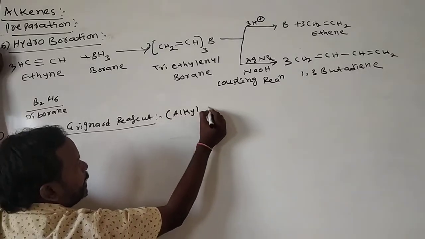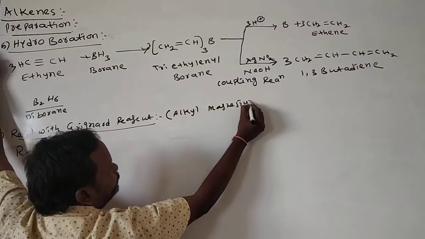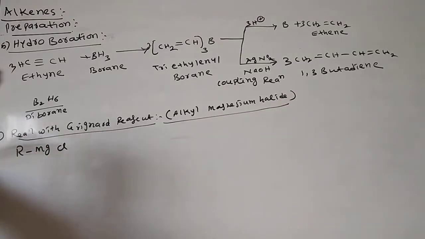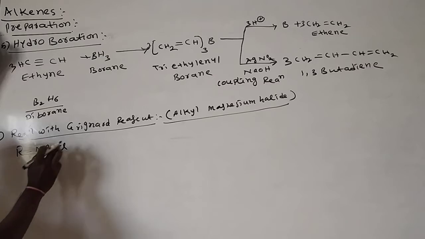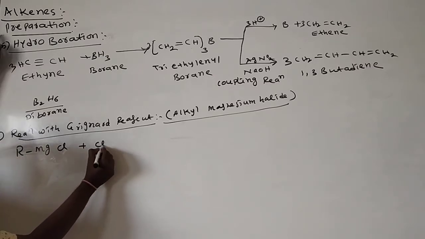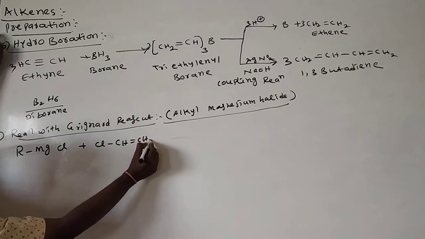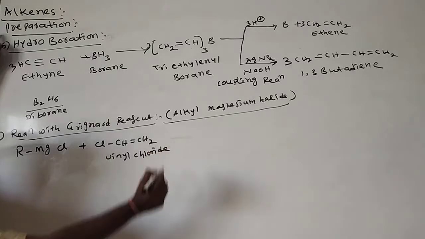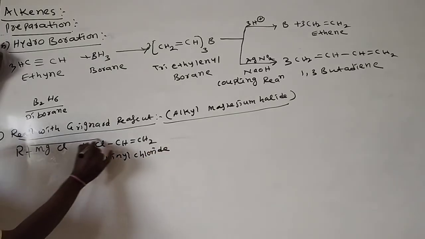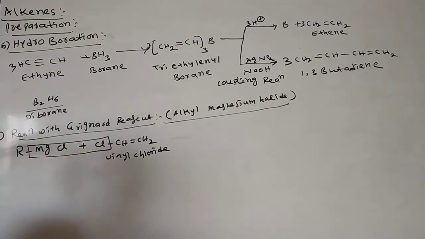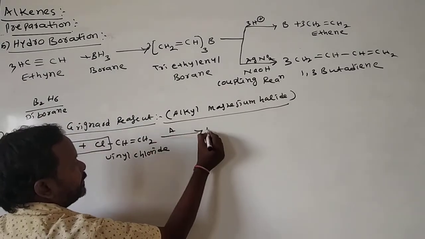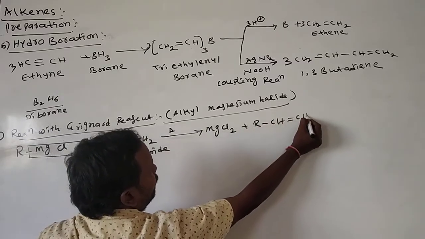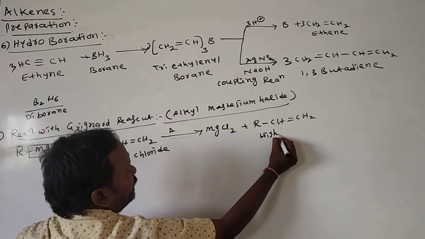Alkyl magnesium halide we call Grignard reagent. R means alkyl group, plus magnesium halide. Grignard reagent reacts with substituted alkenes. This we call vinyl chloride. Just heat here. It loses MgCl2 and forms RCH double bond CH2. This we call a higher alkene.